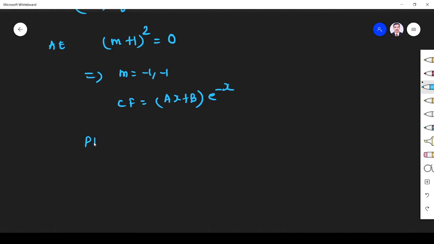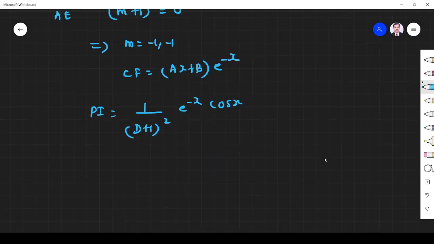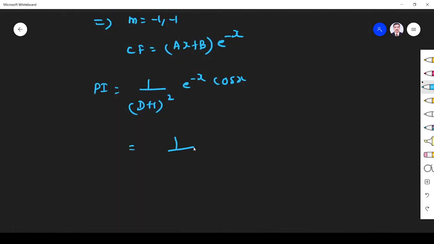PI is equal to 1 by f(D), which is 1 by (D plus 1) whole squared, e^(minus x) cos x. Whenever we have e^(ax) into cos, replace D by D plus a, so here a is equal to minus 1. So D minus 1 plus 1 squared, and take e^(minus x) outside, cos x.